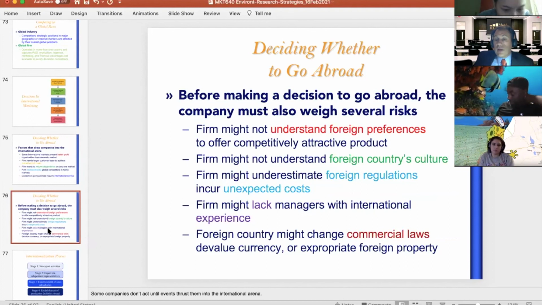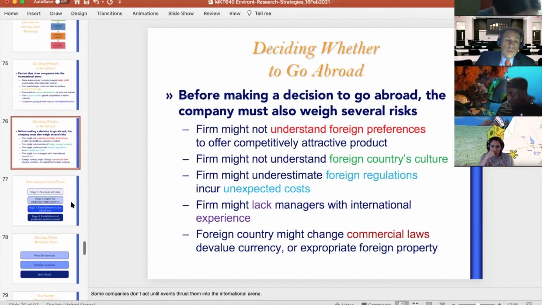Companies sometimes don't have a very overseas culture, and it's wrong to assume that it's going to be the same. There may be differences in culture, in regulation, in the cost, in the laws, and you may not have the people in your company to help you to do that.